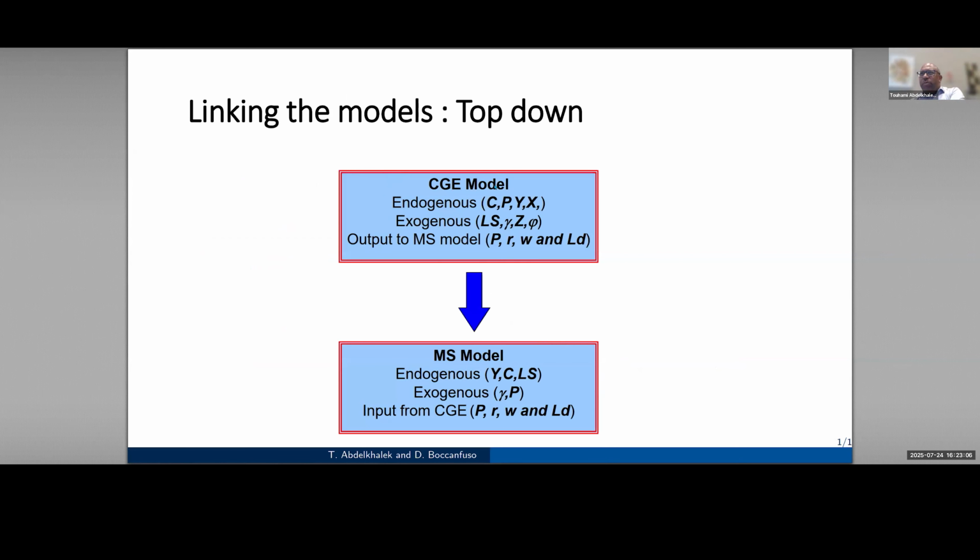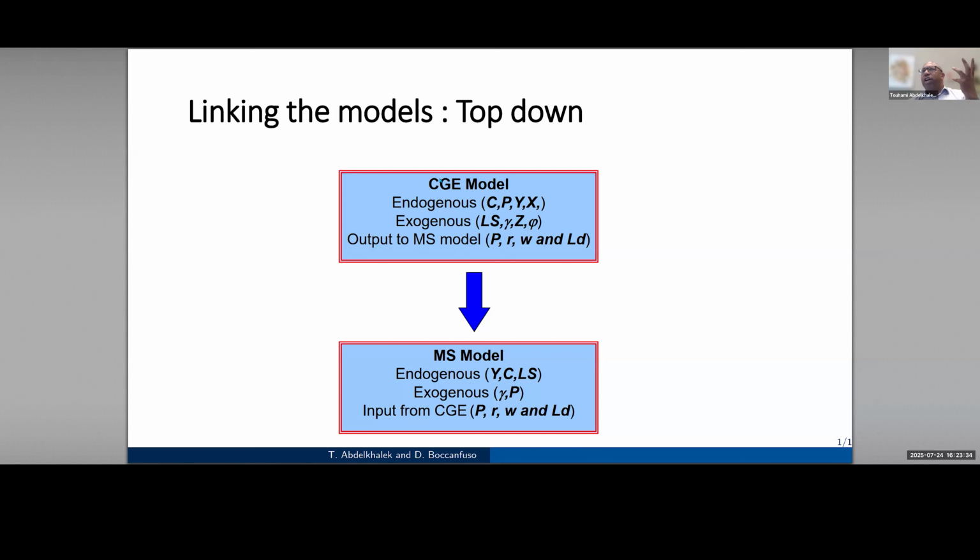We have the CGE model at the top level, and we have the microsimulation module down here. The exogenous variables for the CGE model are consumption, prices, and other variables. We have exogenous labor supply and other characteristics and parameterization.